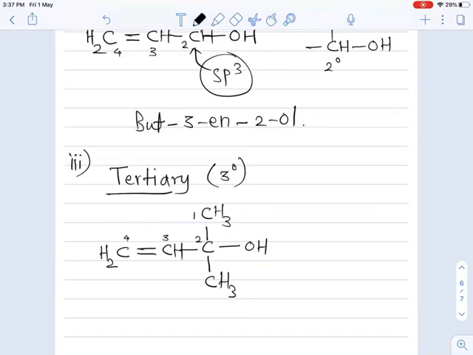So its IUPAC name is 2-methylbut-3-en-2-ol. At position 2 a methyl group is there, so 2-methyl, then this 4-membered chain, that is but, at position 3 the double bond is there, so 3-en, and 2-ol.